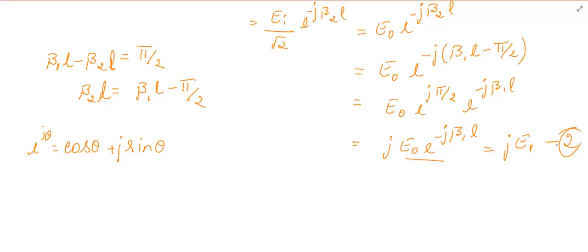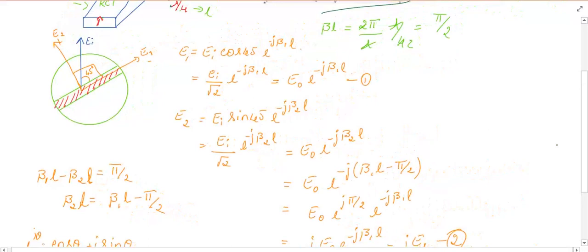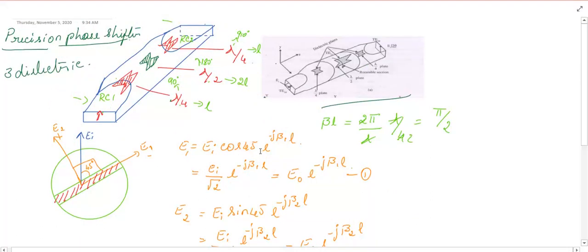The first signal, the input signal was EI. We had given that input signal over here. It reached the first dielectric plate. It was making an angle of 45 degree with the plate. So when it was making 45 degree with the plate, I have to consider the components which are going to the next plate.